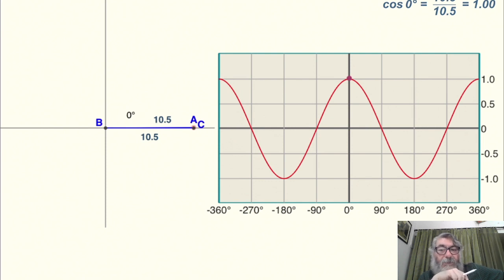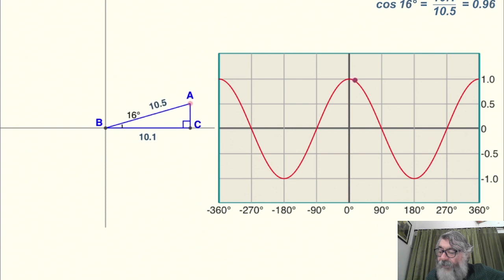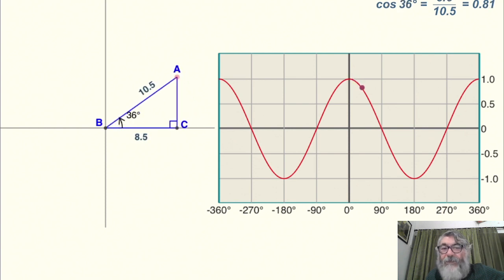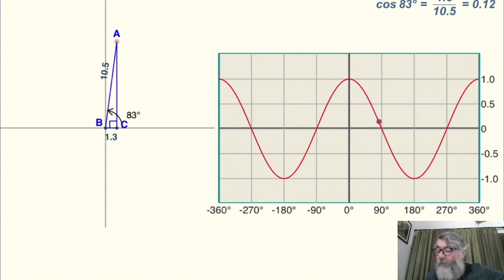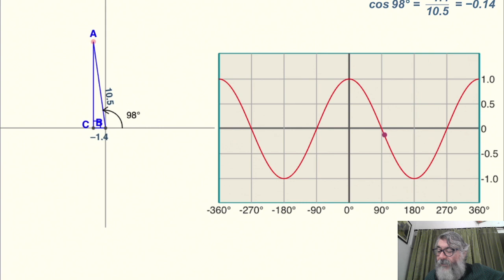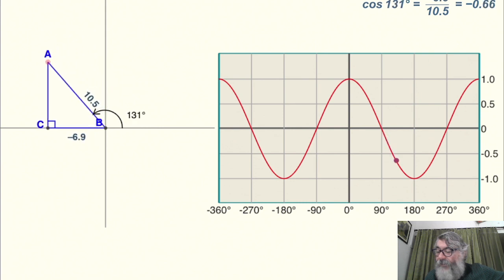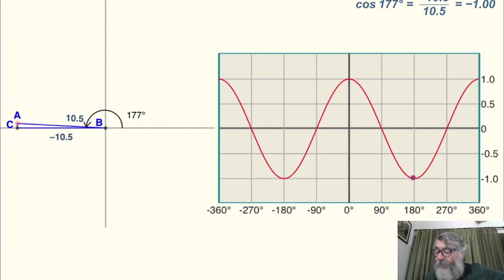But here cos 0 is the maximum, 1. When theta increases, cos theta decreases. You can see it, cos theta is decreasing.